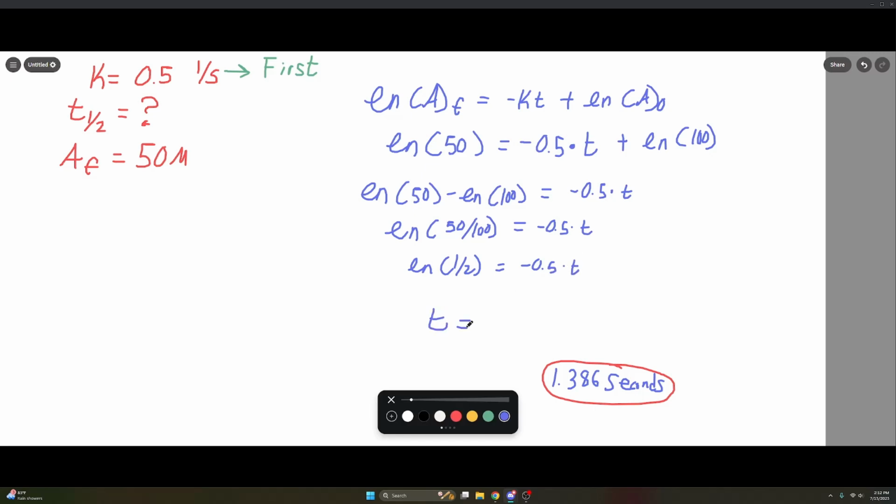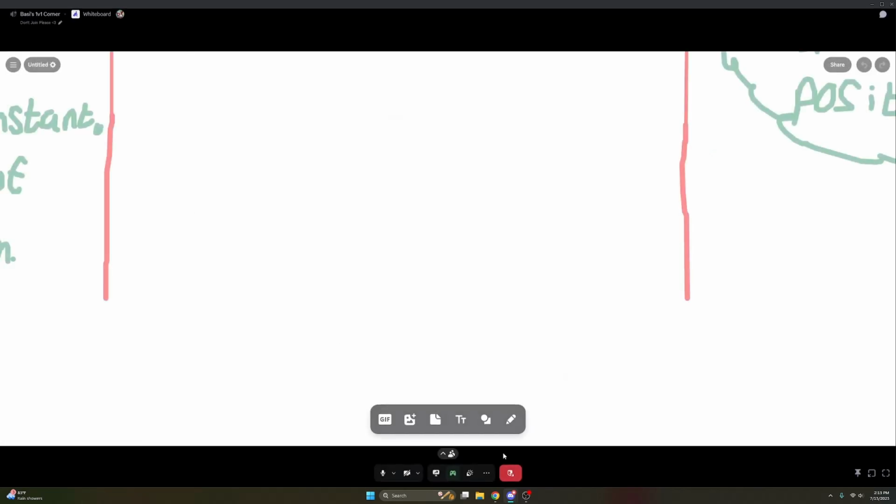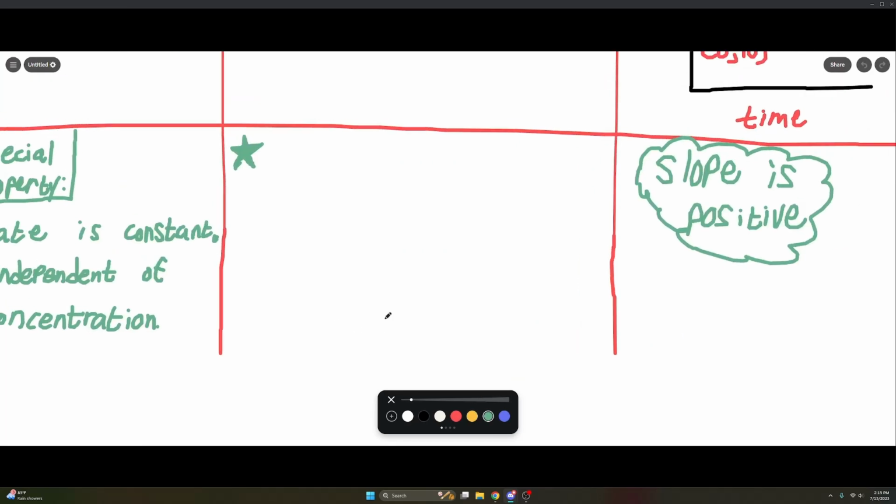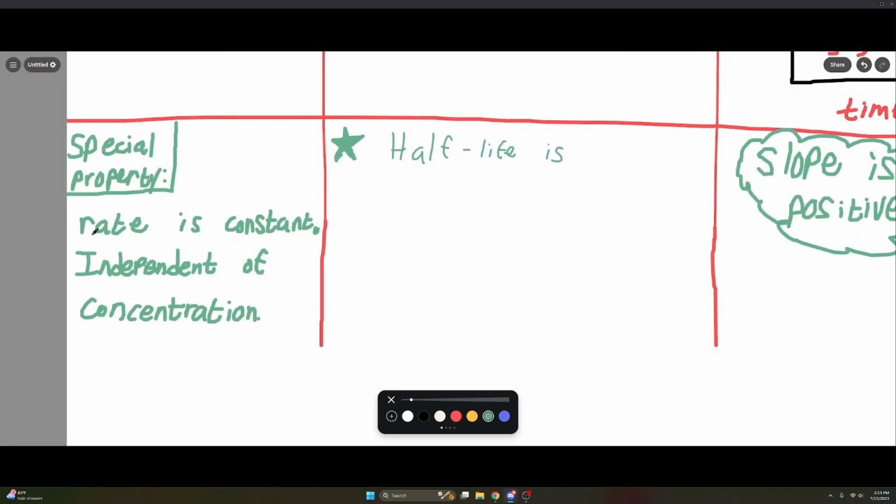This looks extremely familiar. And that's because welcome to the special property of first order reactions. The special property of first order reactions is that, let me flip over, fill in our chart. Half-lives are constant. So for 0 order, the rate is constant, right?